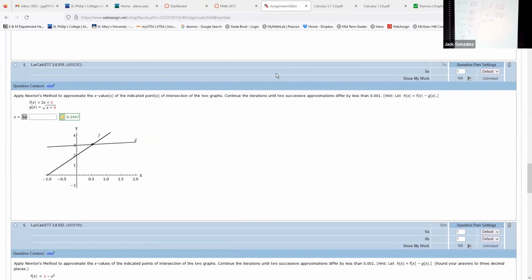The only thing is, it didn't mention where to start. So since I can see it, I'd probably just put 0.5 or 0.1 or something, some random number. Do 2 iterations and I should get pretty close.